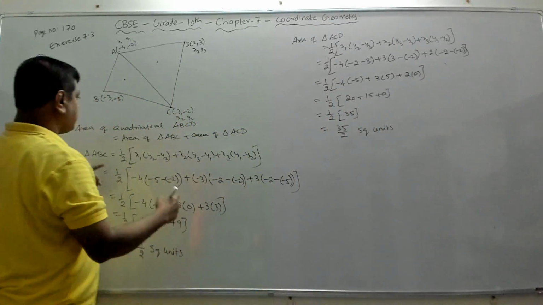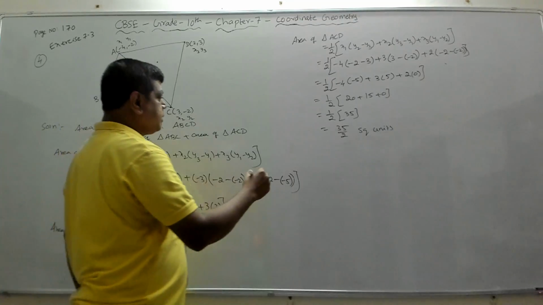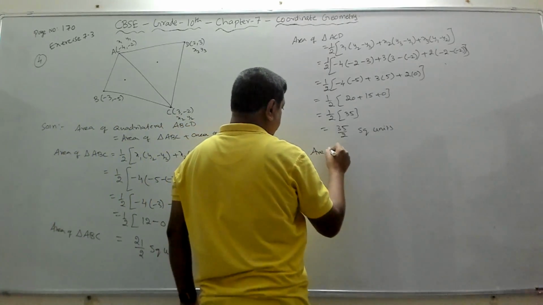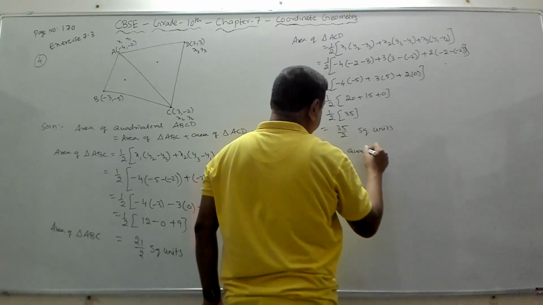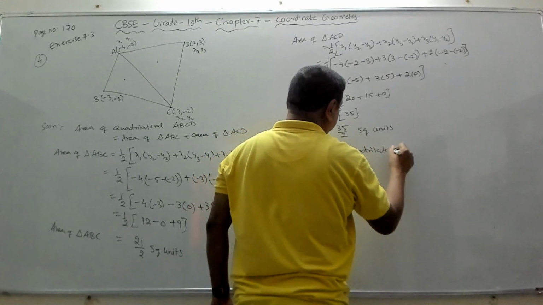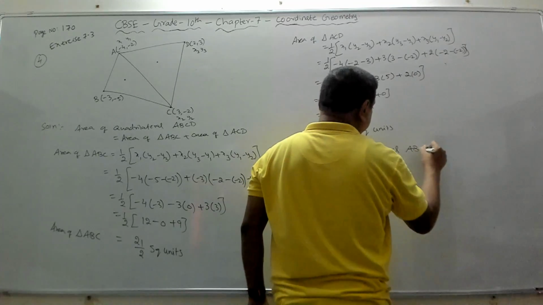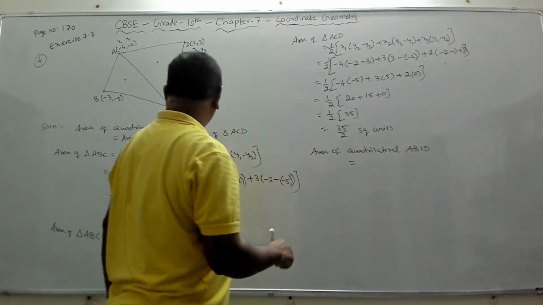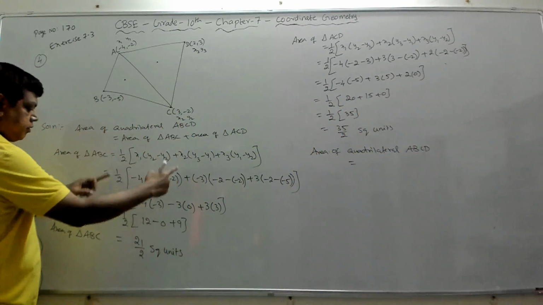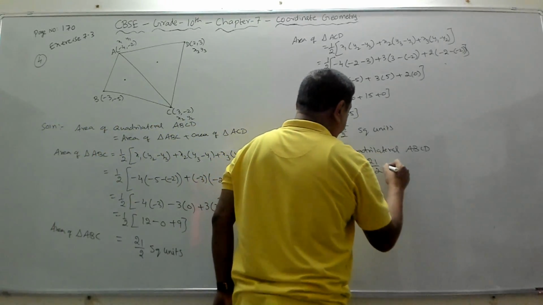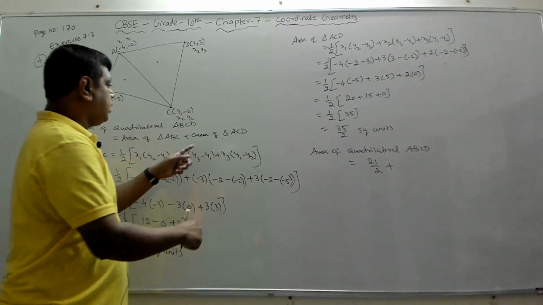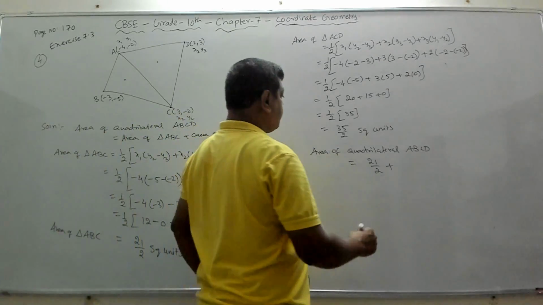So now we can find the area of the quadrilateral ABCD. The area of the quadrilateral ABCD is equal to the area of the triangle ABC, which is 21 by 2, plus the area of the triangle ACD, which is 35 by 2.